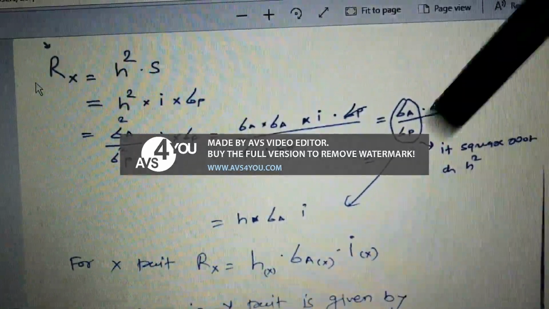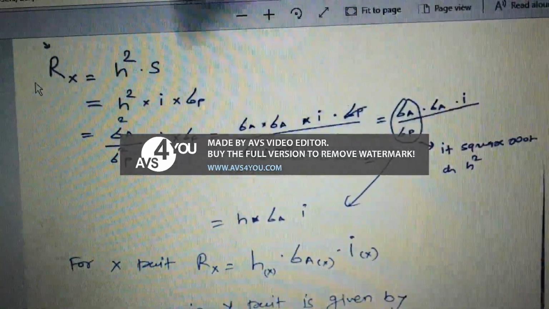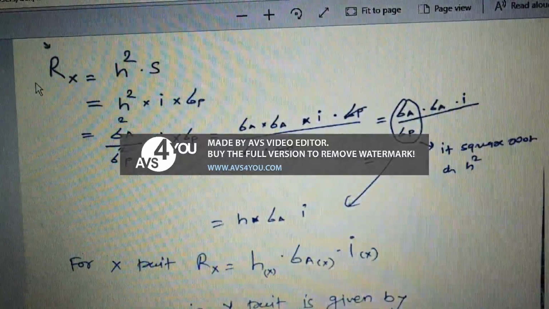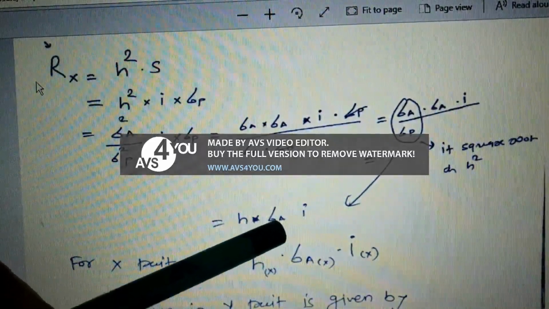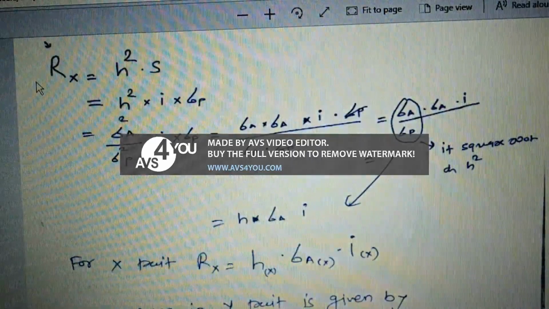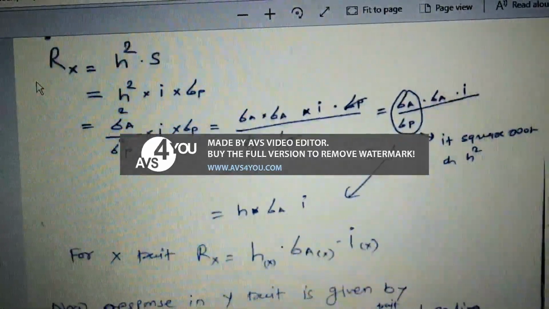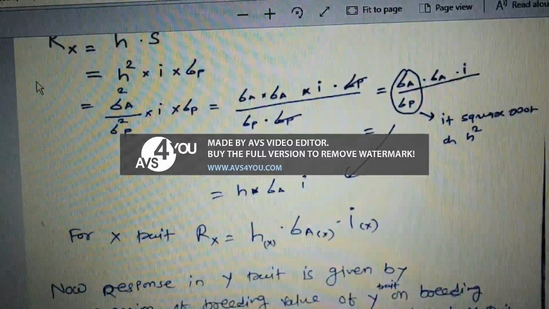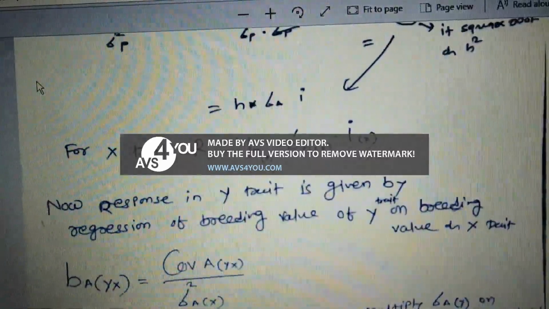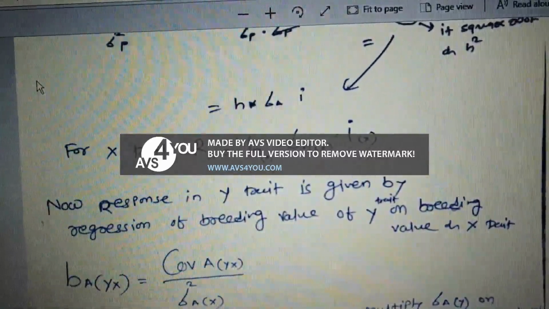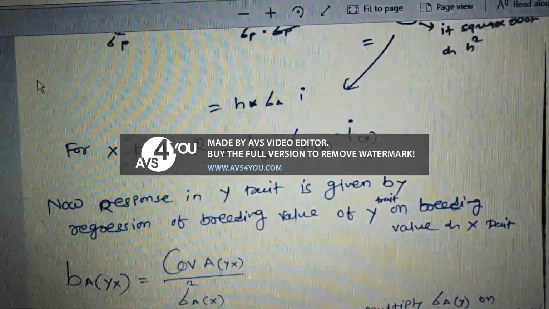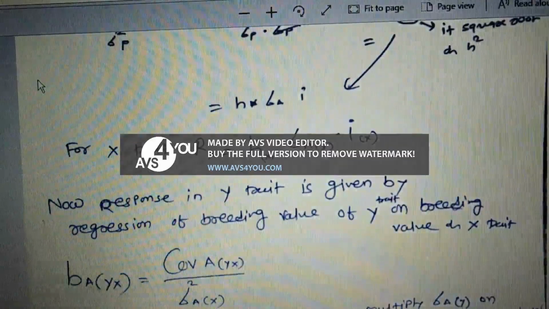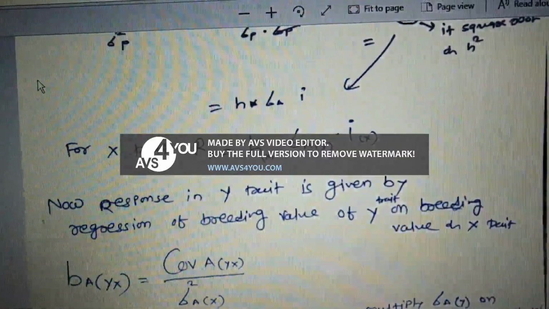So we can write this formula: h into the standard deviation of the breeding value, or we can say genetic variability, and into I. So for the X trait, the direct response Rx is equal to hx, then sigma Ax, then Ix.